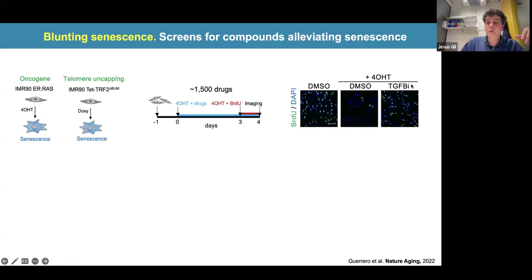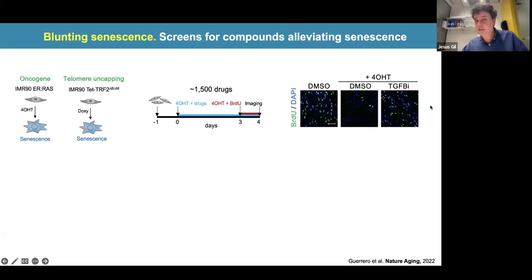And in this case, we treat cells with an inhibitor of TGF-beta that before we have seen is involved in these autocrine and paracrine loops that reinforce senescence. And we knew that if we inhibit TGF-beta, many more cells will incorporate BrdU and will continue proliferating.